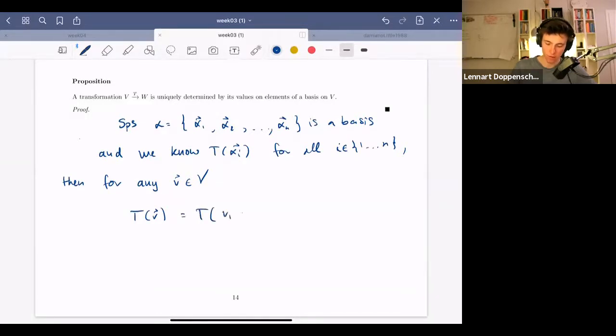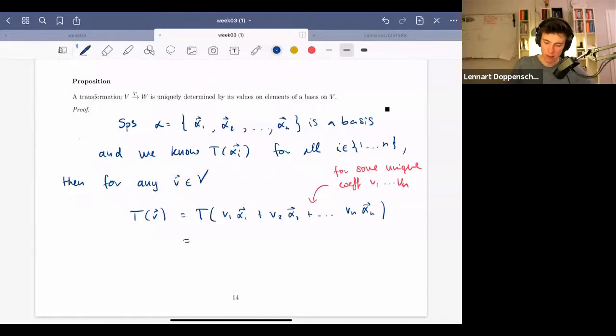So this is going to be v1 alpha 1 plus v2 alpha 2 plus up to vn alpha n, for some unique coefficients v1 to vn. That's part of the previous work that we did last week.